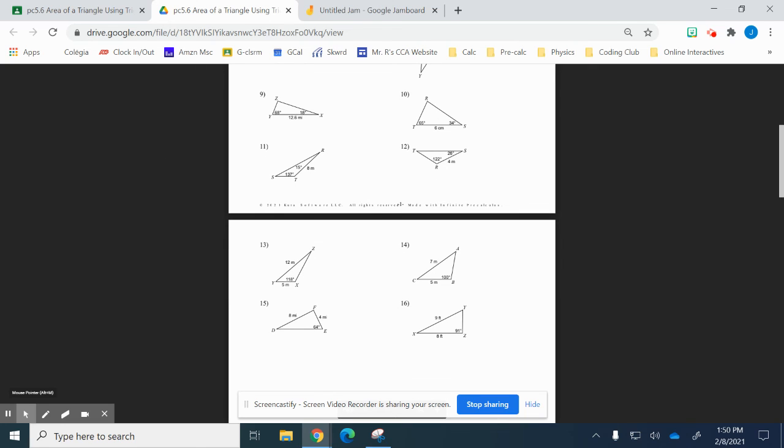Okay, so for this one, you've got two angles, which means you automatically can figure out that angle easy. And once you have that angle and that side, oh, we're not trying to do that. Hang on. Well, yeah, you could figure out that angle and that side, right?